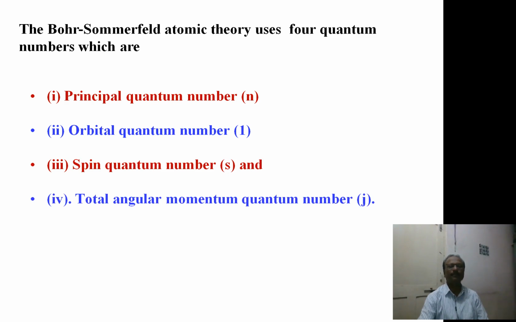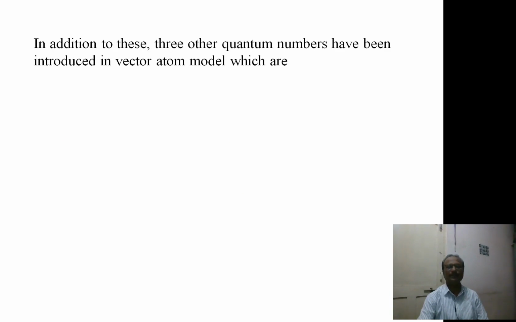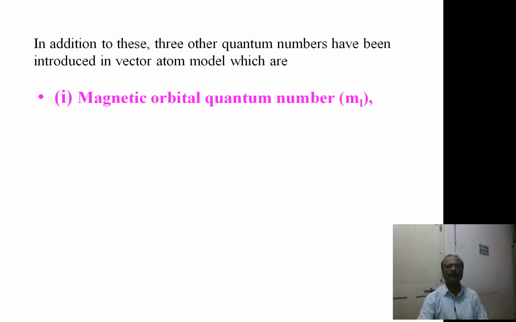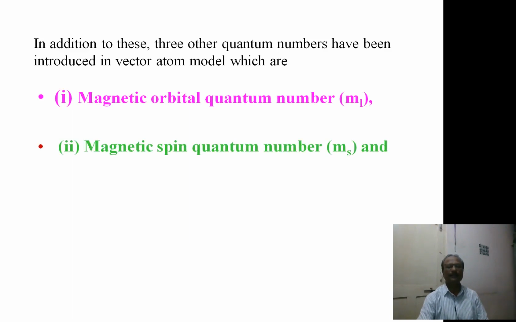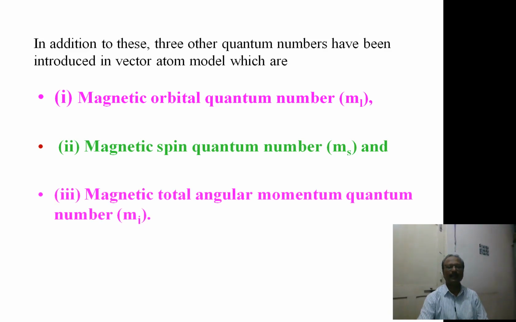So, these are the 4 basic quantum numbers. Along with these quantum numbers, in the vector atom model, 3 quantum numbers are introduced, that is magnetic orbital quantum number ml, magnetic spin quantum number ms and magnetic total angular momentum quantum number mj.